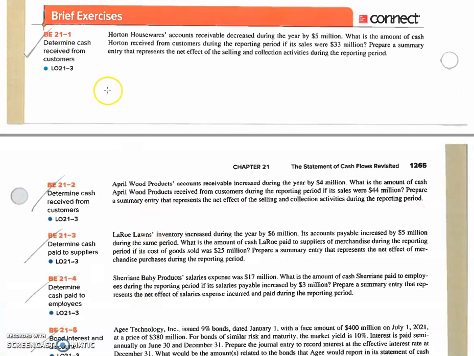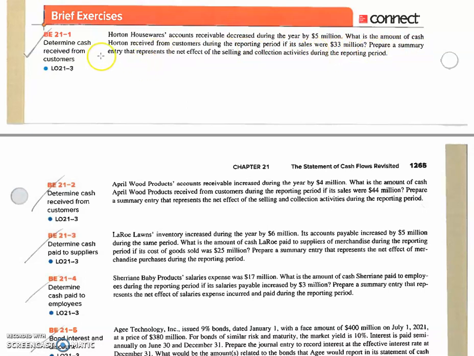So here is brief exercise 21-1. Horton Housewares accounts receivable decreased during the year by $5 million. What is the amount of cash Horton received from customers during the reporting period if its sales were $33 million?